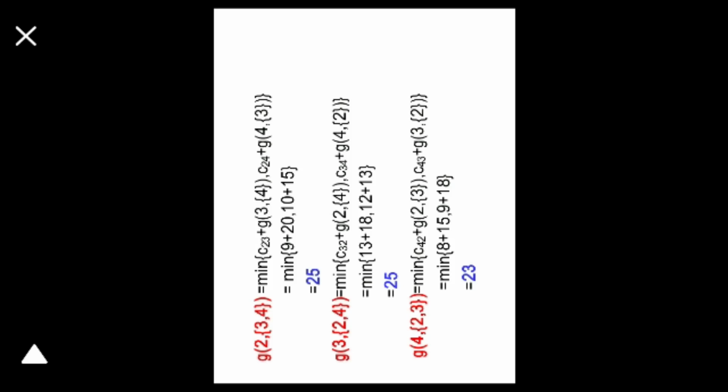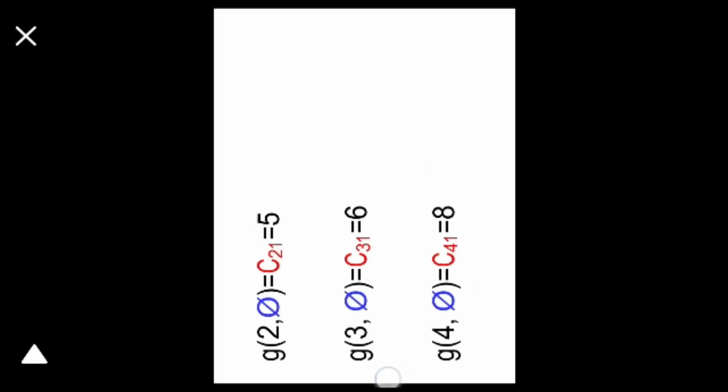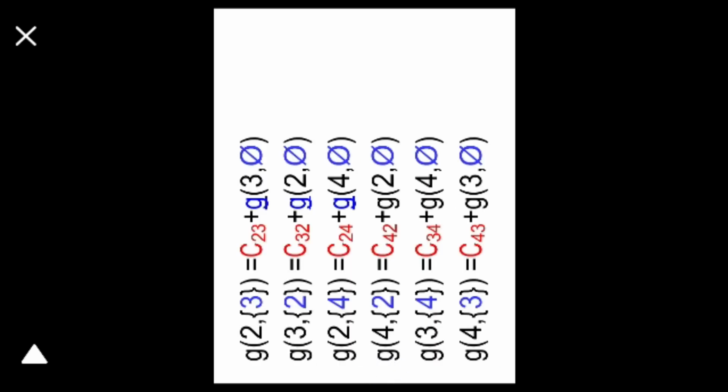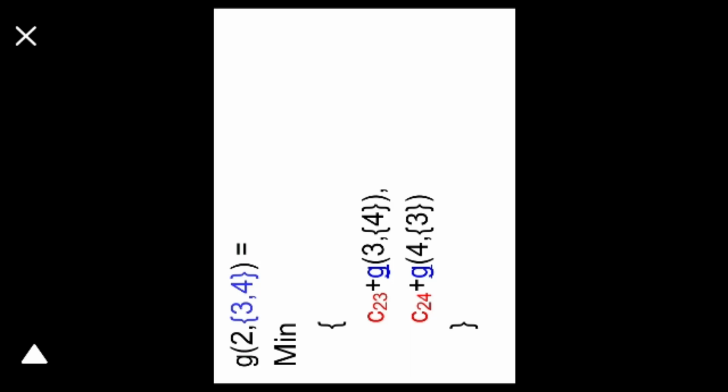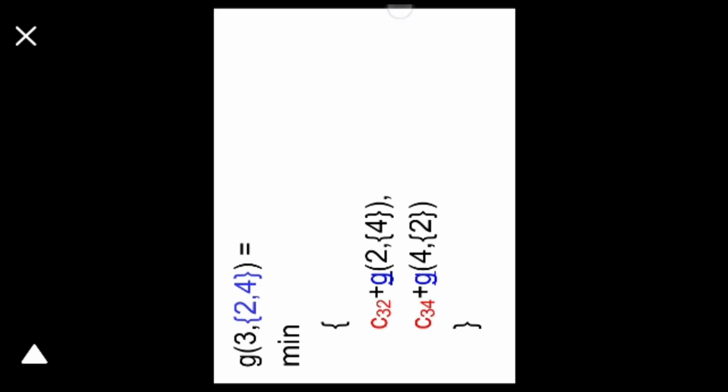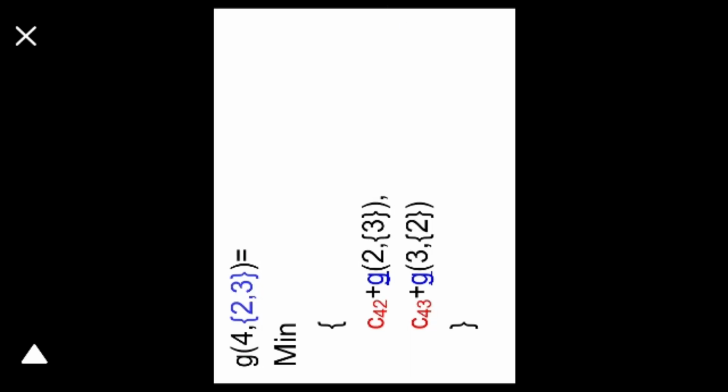G of 2 3 4 is minimum of C23 plus G of 3 comma 4, C24 plus G of 4 comma 3, which we have seen here. Here we have calculated, right? G of 2 3 4 is the minimum of this, G of 3 2 4, G of 4 2 3.